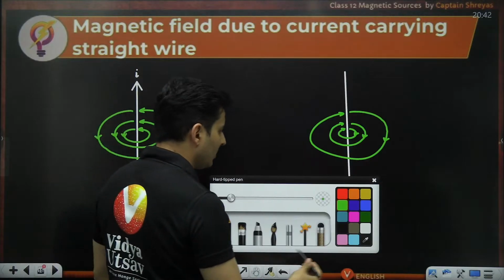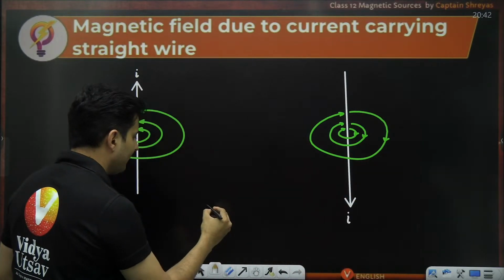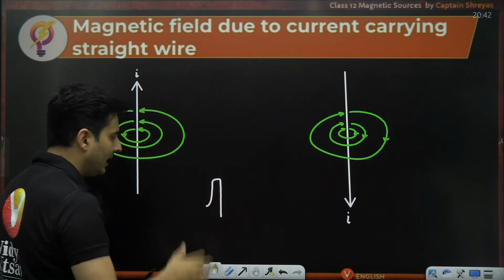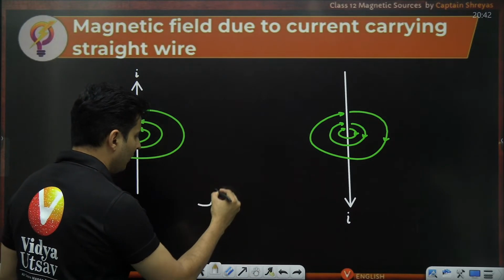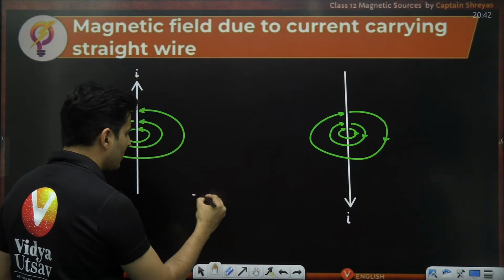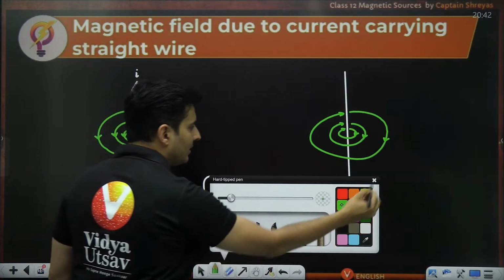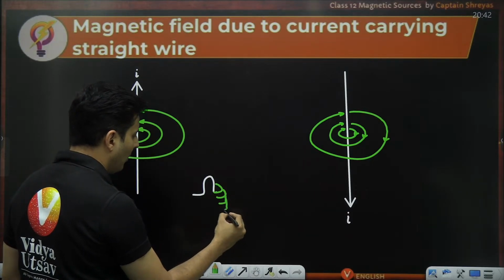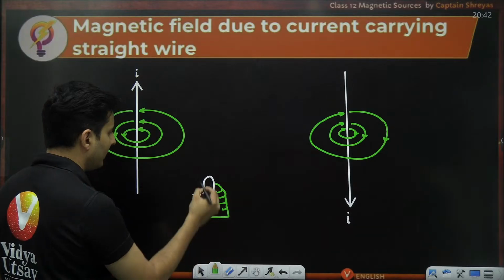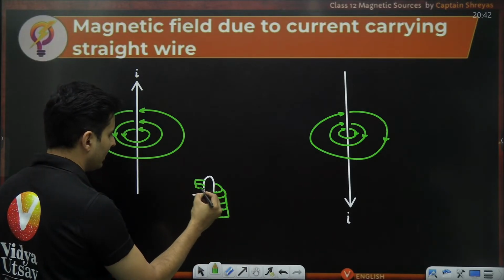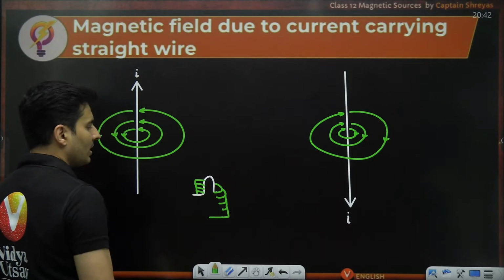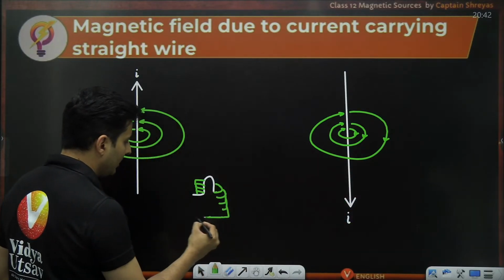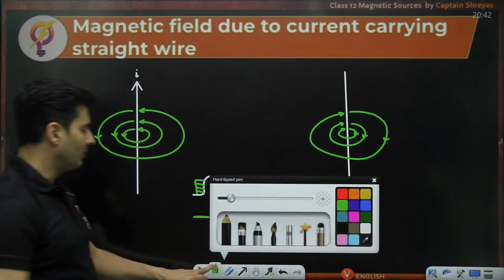If you think about it carefully, you will realize that if I'm holding the wire such that the thumb of my right hand points in the direction of the current, then the curled fingers point in the direction of the magnetic field. You will notice that very easily.